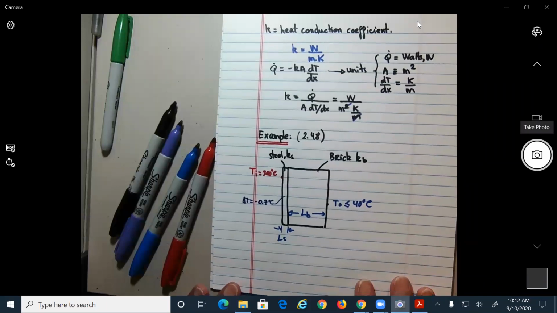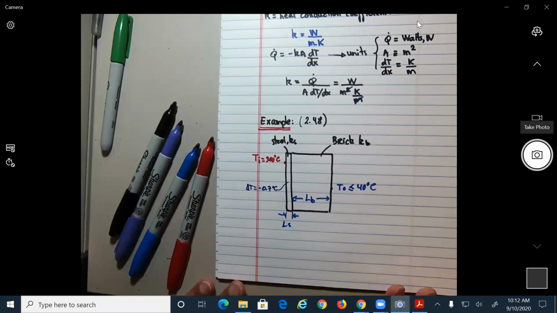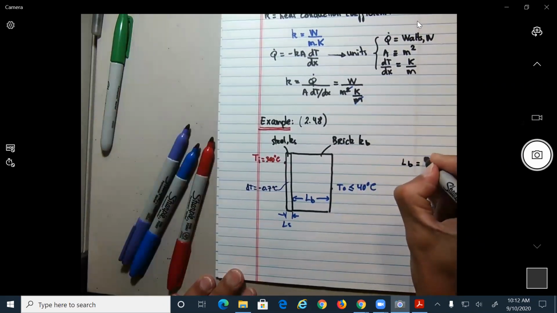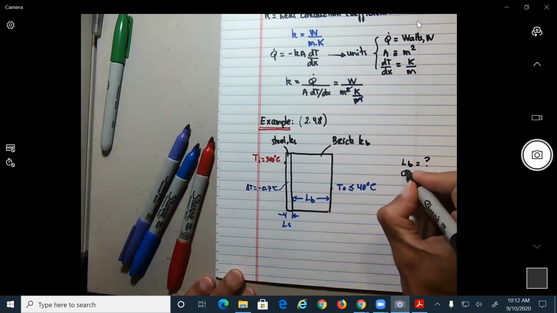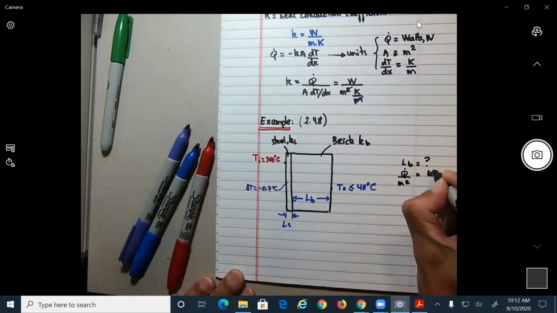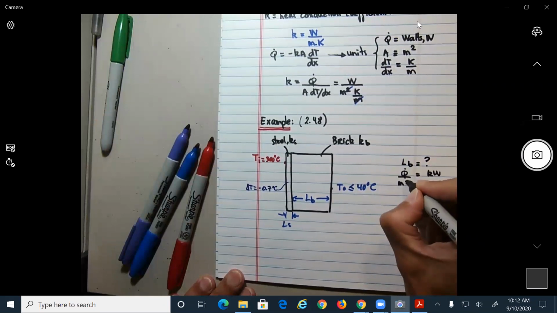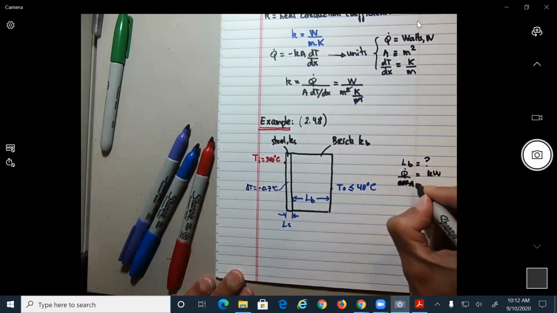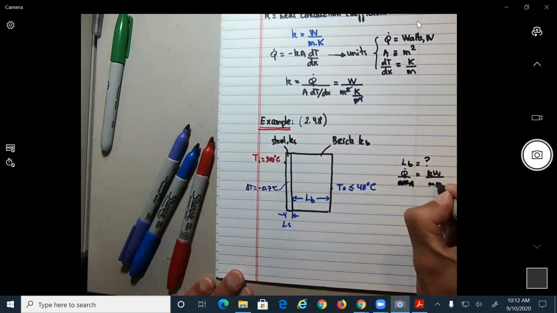Okay, so that's the figure that I did over here. Basically they ask you to find LB and Q dot per meter square, sorry, so this is Q per unit area, A, which will be kilowatts per meter square.